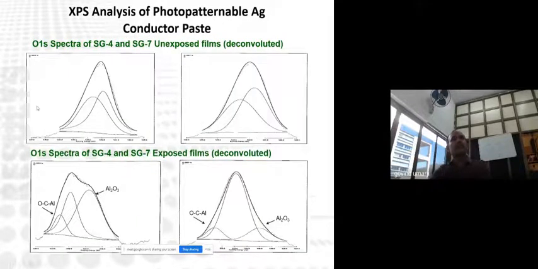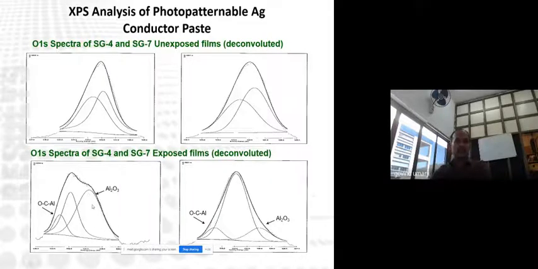Then when we see the O1s spectra of the unexposed and exposed samples, there is a classic C-O. After exposure, we got the peak of carbon, oxygen, and aluminum bonding from the alumina. And another classic Al2O3 peak we have also seen.